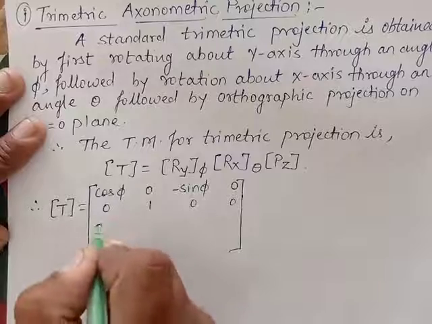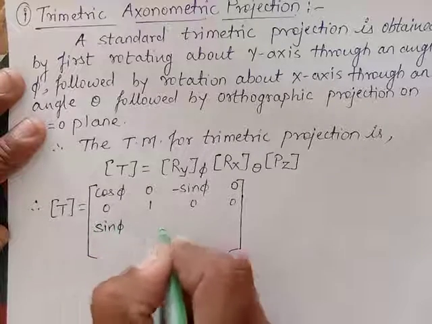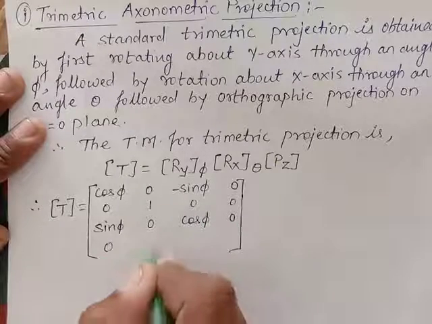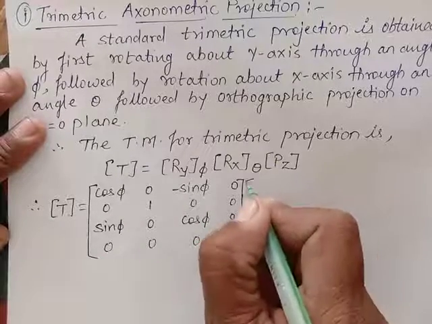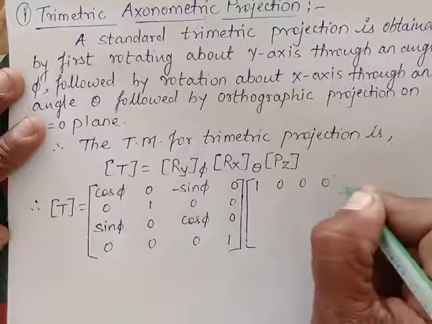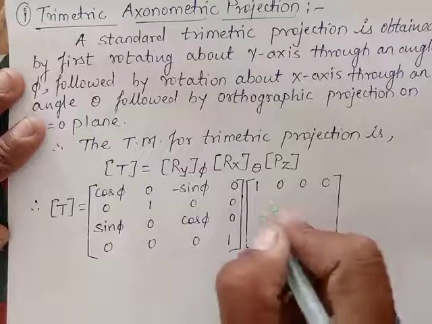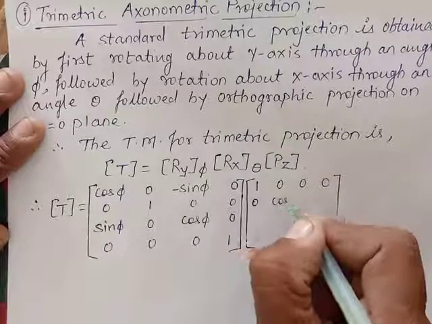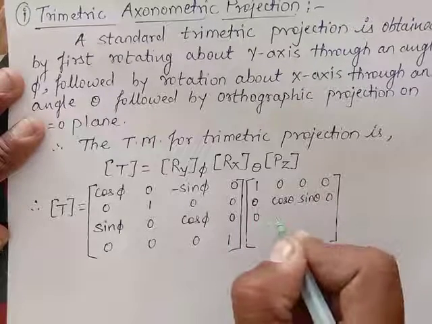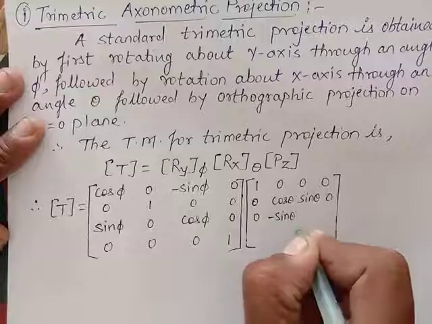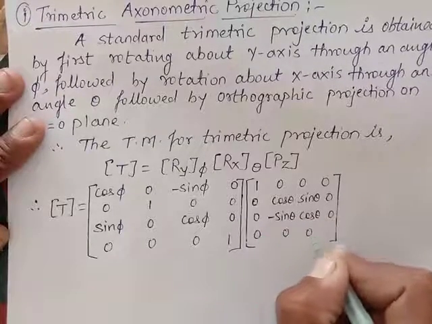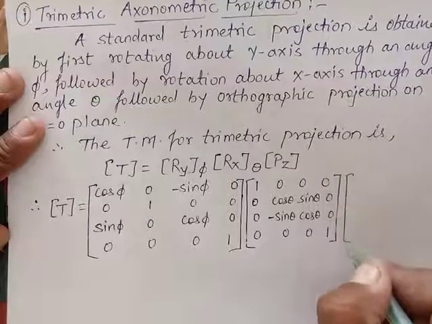Then sin phi 0, cos phi 0, 0, 0, 0, 1. Then further 1, 0, 0, 0, 0, cos theta, sin theta 0, 0, minus sin theta, cos theta 0, 0, 0, 0, 1 into pz.